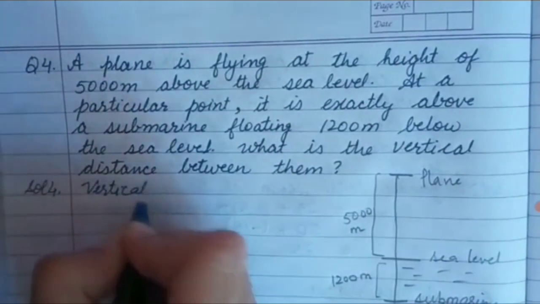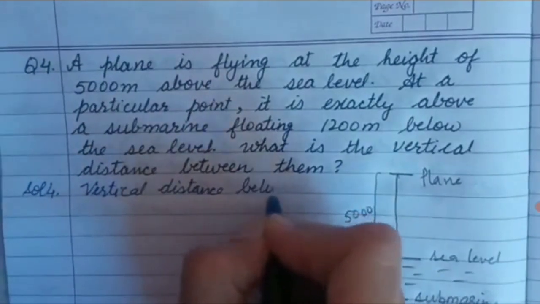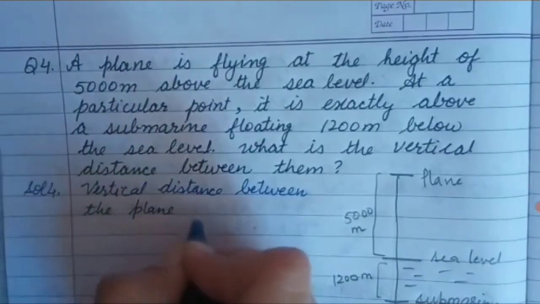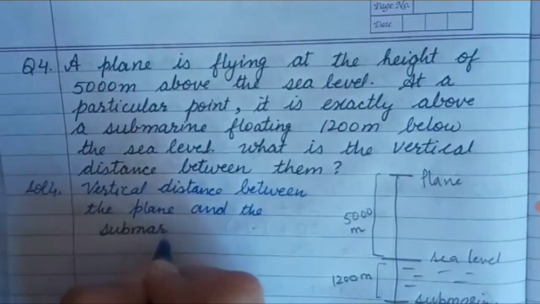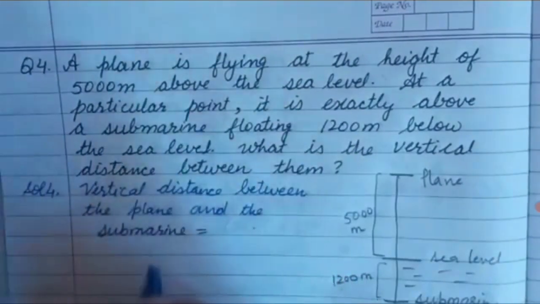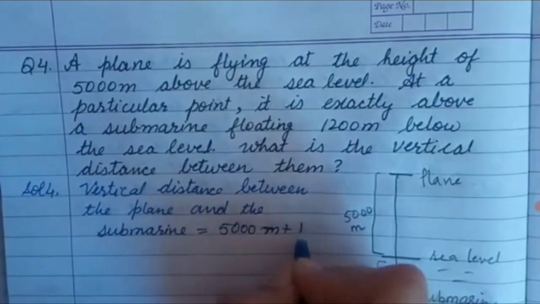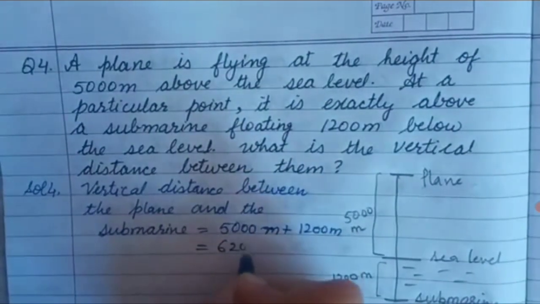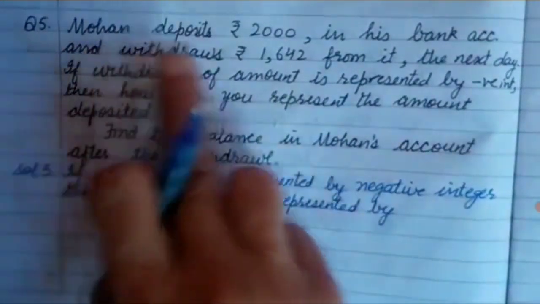So the vertical distance between the plane and submarine is 5,000 meters plus 1200 meters, that is 6,200. It is in what? Meters, right? Yes.